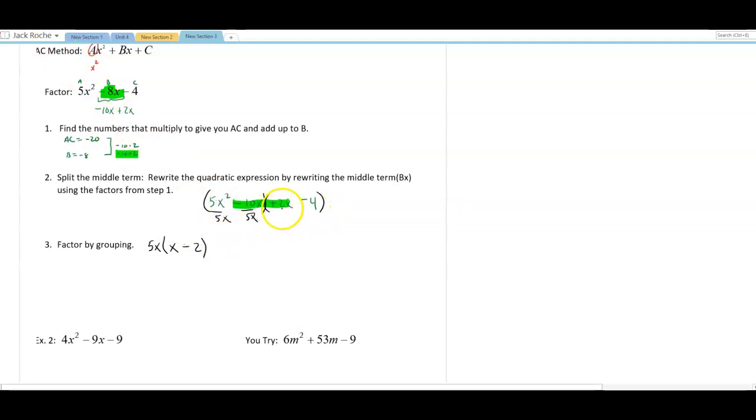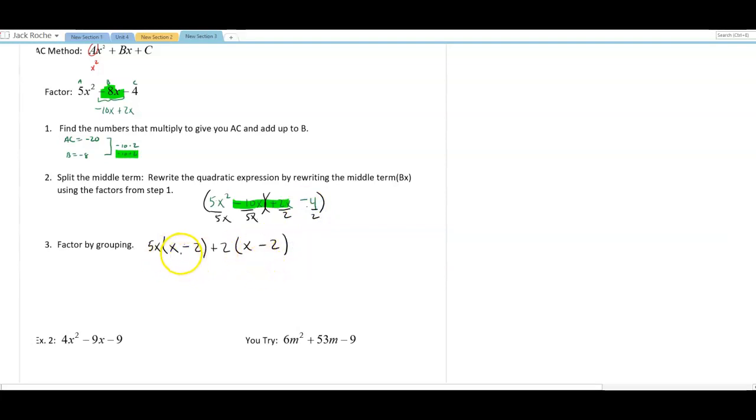Now the next one, I look at 2x and negative 4, I could factor out a 2 here. So I factor out my positive 2. 2x divided by 2 is x. Negative 4 divided by 2 is minus 2.